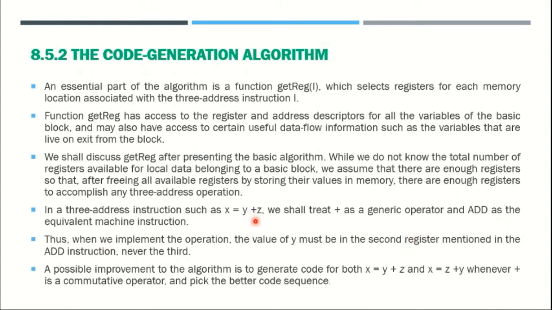That means it adds the two values stored for y and z, and the result can be stored in one more register. While implementing the operation, the value of y must be in the second register and the value of z must be in the third register. In this manner it combines both register values and stores the result in another register. So this is one possibility.